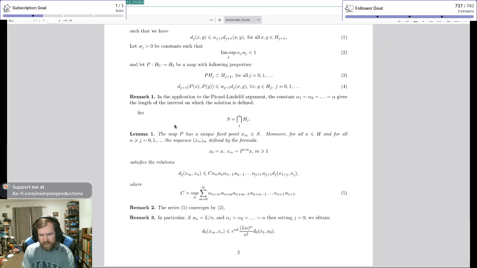Where C is the supremum of the following elements. m is going from 0 to infinity, alpha sub n plus m, kappa sub n plus m, alpha sub n plus m minus 1, kappa sub n plus m minus 1, all the way to alpha sub n plus 1, kappa sub n plus 1.